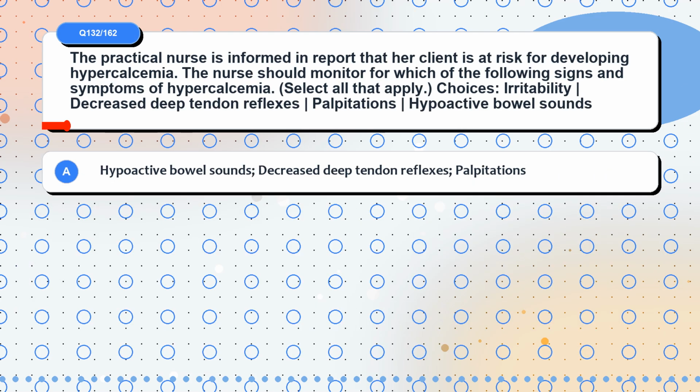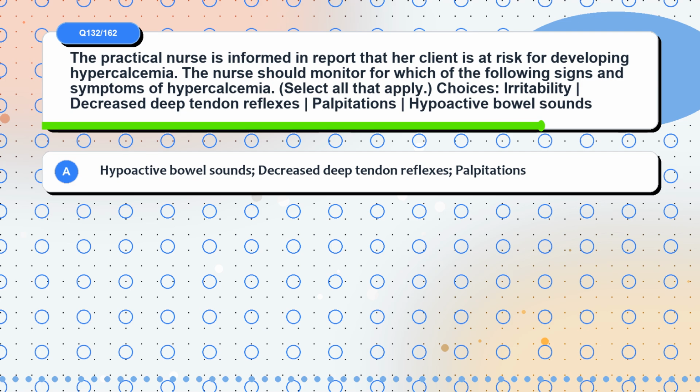Question 132. The practical nurse is informed in report that her client is at risk for developing hypercalcemia. The nurse should monitor for which of the following signs and symptoms of hypercalcemia? Select all that apply. Choices: irritability, decreased deep tendon reflexes, palpitations, hypoactive bowel sounds. Here are the options.